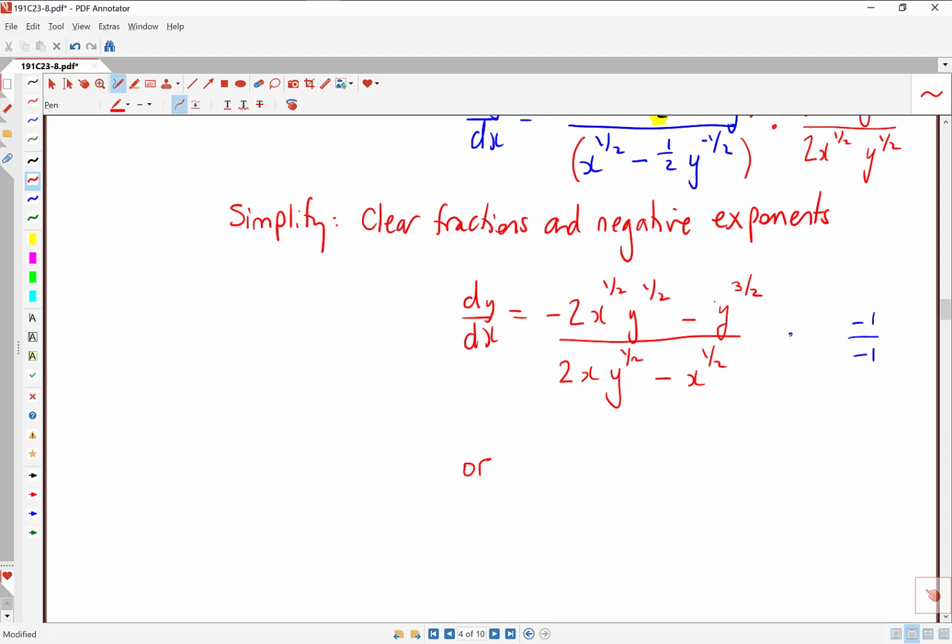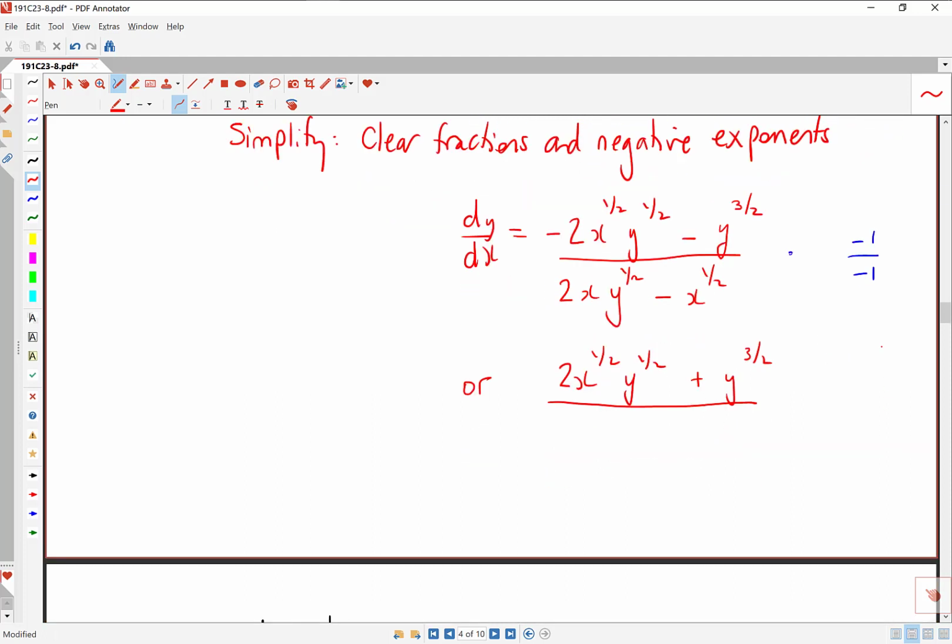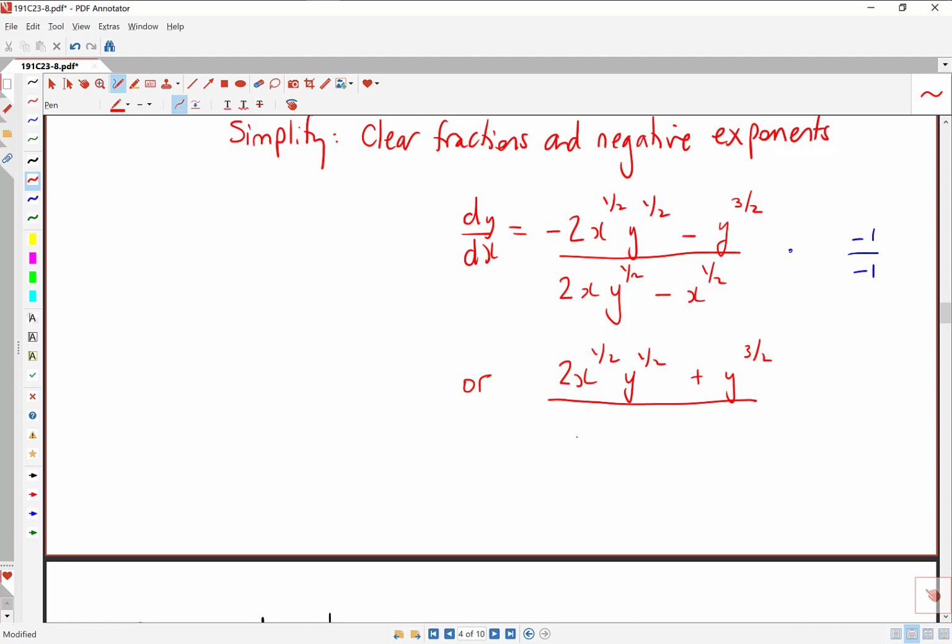And because we're doing the same thing to the top and the bottom, we're allowed to do that. So another way to say that would just be 2x to the 1/2, y to the 1/2, plus y to the 3/2. So now everything on top is positive. And then changing the signs in the denominator as well. So minus 2x, y to the 1/2 plus x to the 1/2.